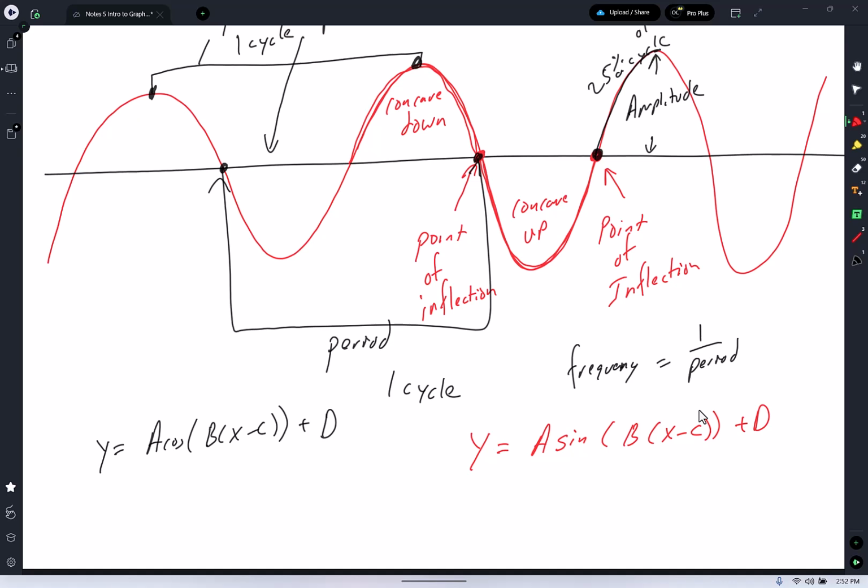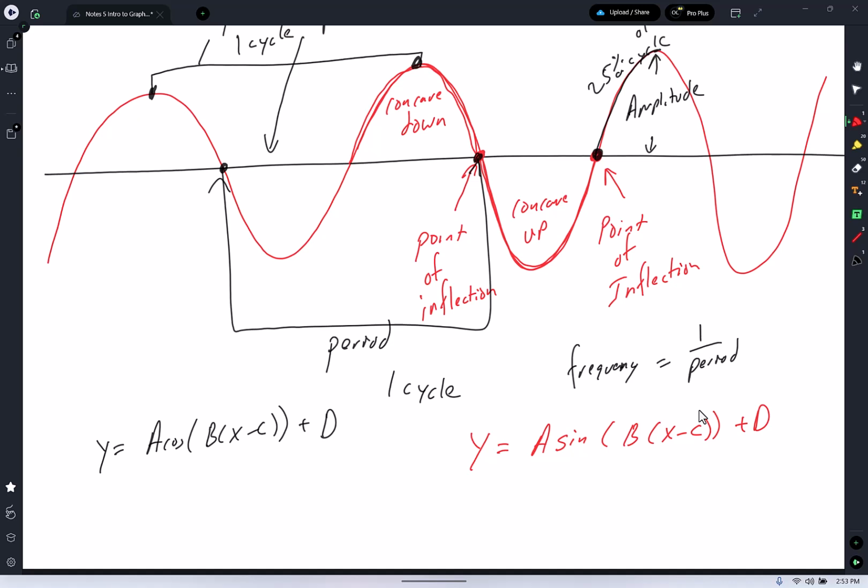Cosine is a sinusoid. Cosines and sines, we just call them sinusoids. They just differ by a phase shift. It's still a wave. B(x - C) + D.